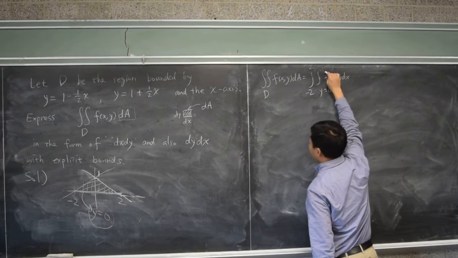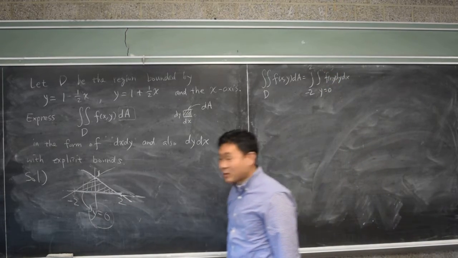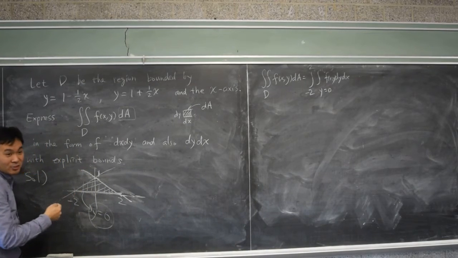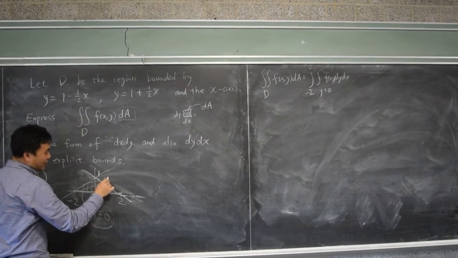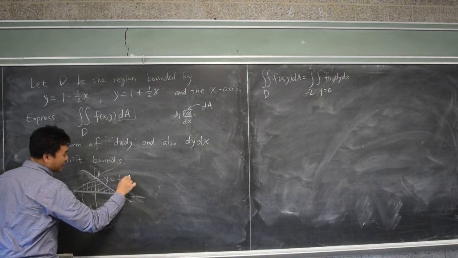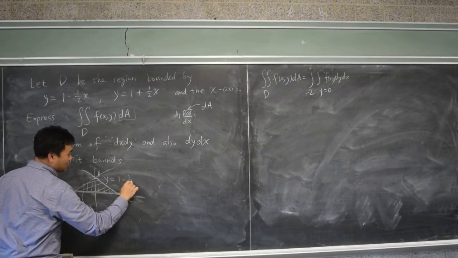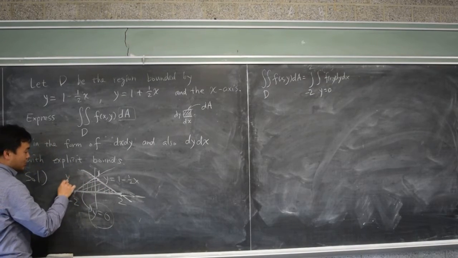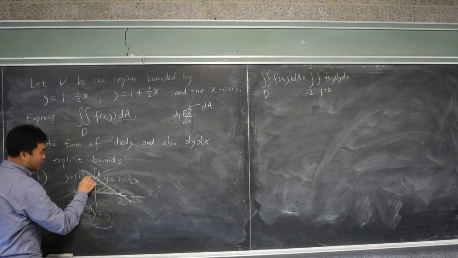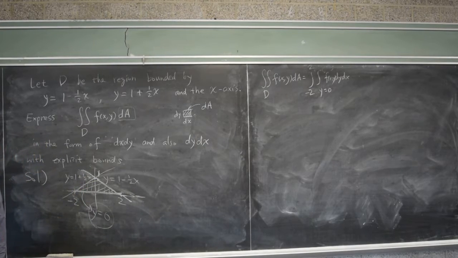What's hard to say is the upper bound, because you actually have two different regions. It's y equals 1 minus 1/2 x if you're on this side, and y equals 1 plus 1/2 x if you're on this side. Does anyone have a question so far?